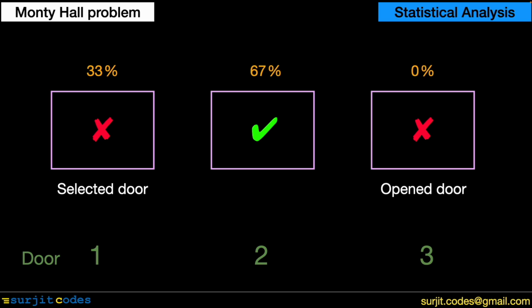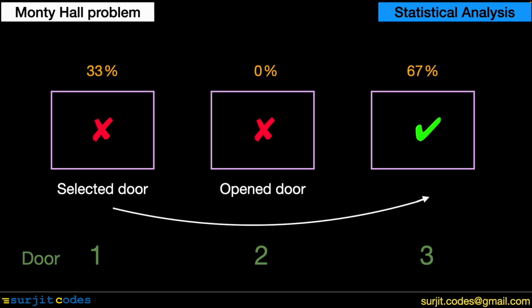For these 67% cases, car must be behind door 2, and shifting our selection to door 2 is to our advantage. In case the host opens door 2, it means that there is a goat behind it, the car must be behind door 3, and once again, shifting our choice is favorable to us. This means that shifting our selection increases the chances of our success from 33% to 67%.